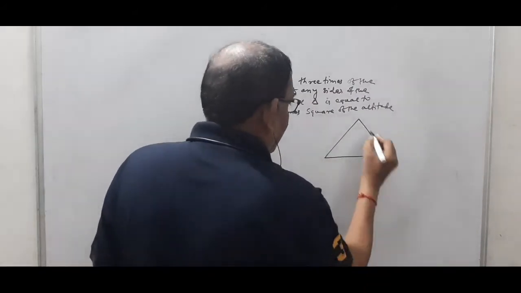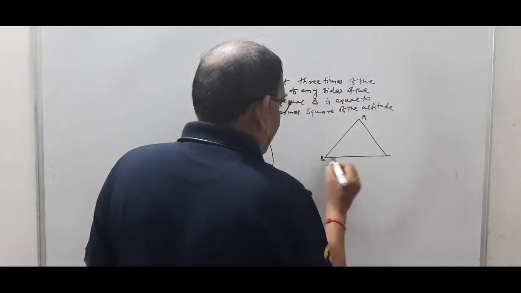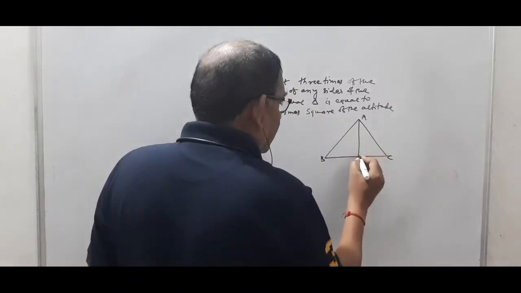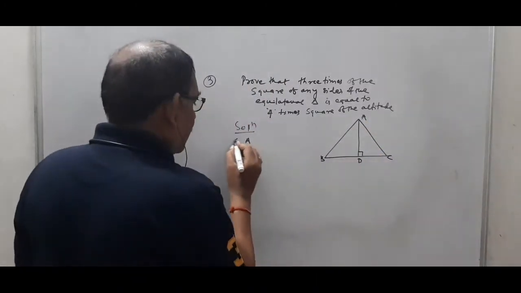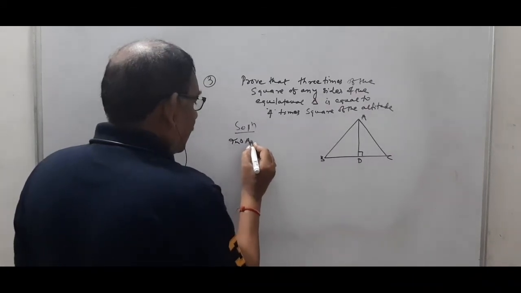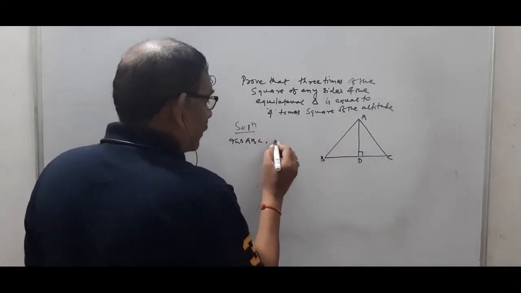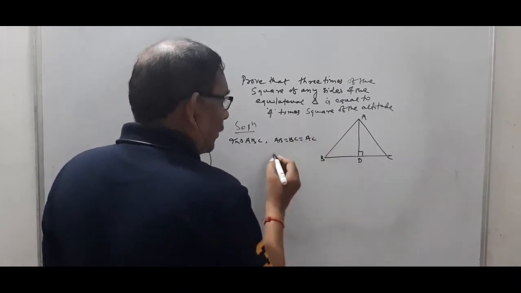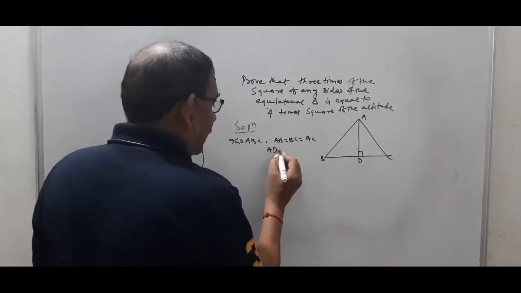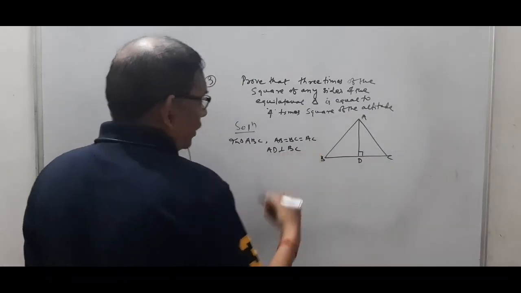Draw the equilateral triangle ABC. It is your altitude AD. Okay. Here in triangle ABC, AB, BC equal to AC, and AD perpendicular to BC.